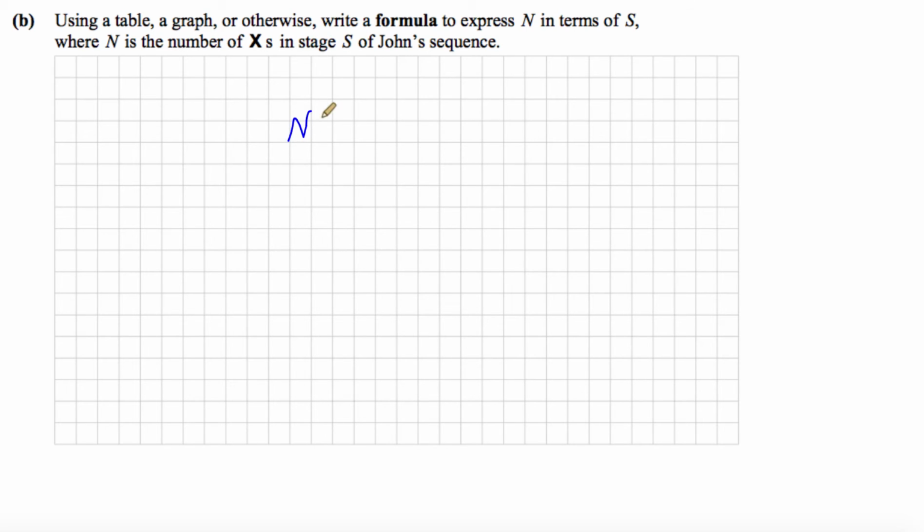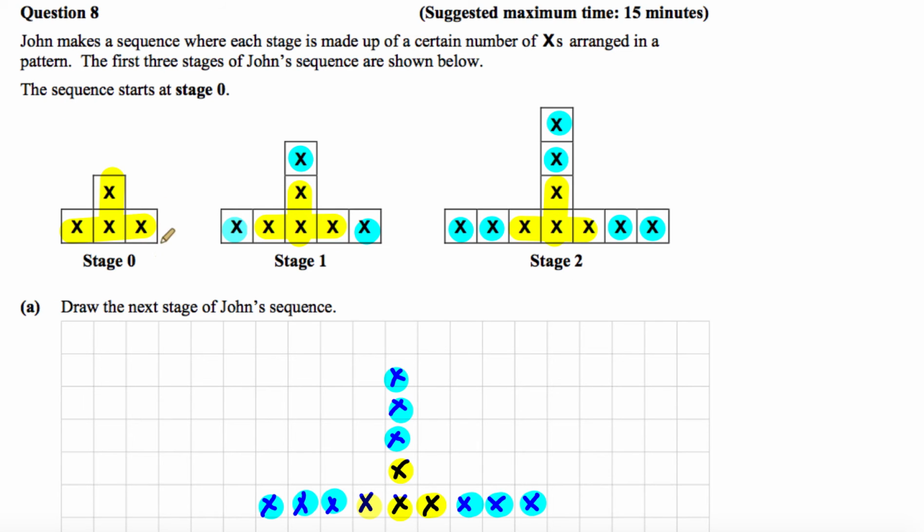If we just go back and have a look, it'll be the original 4. We can see here for stage 1 we've got 3, for stage 2 we've got 2 sets of 3, for stage 3 we'll have 3 sets of 3.